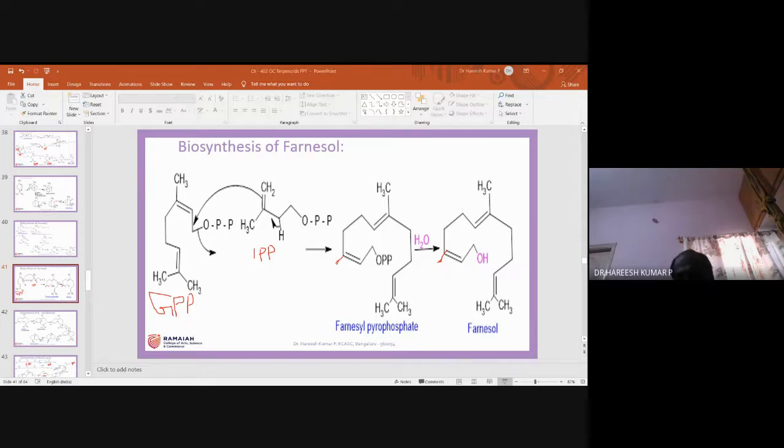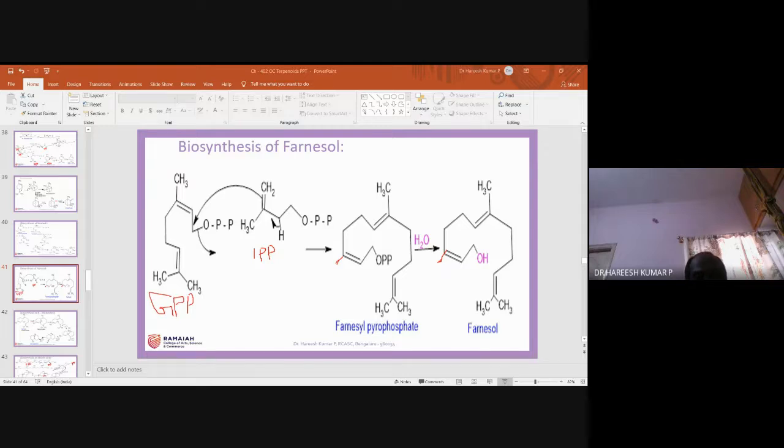That is how an intermediate is obtained like this. Loss of proton leads to the formation of beta eudesmol. This is how the beta eudesmol is obtained, starting with farnesyl pyrophosphate.